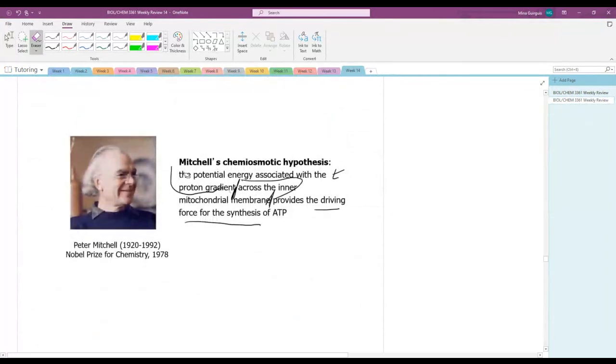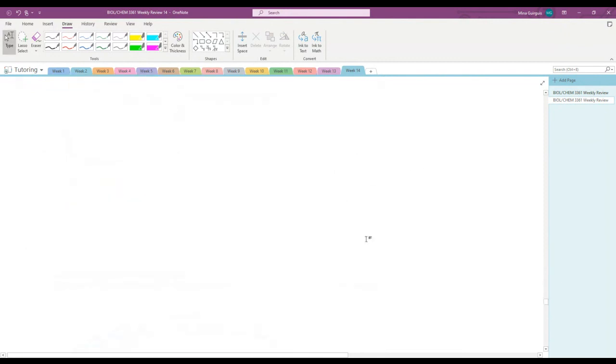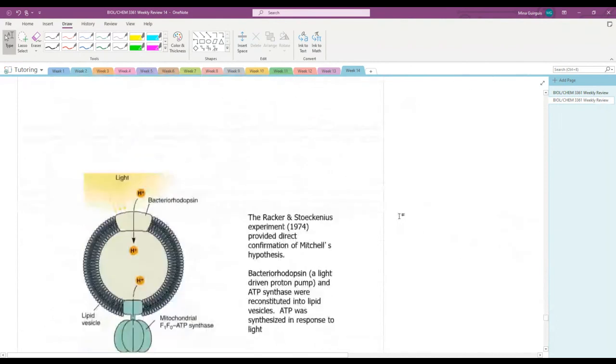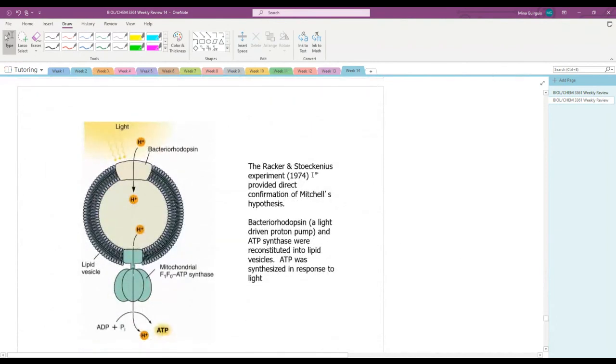The potential energy associated with the proton gradient across the inner mitochondrial membrane provides the driving force for the synthesis of ATP. So jumping back down, this is called the Racker-Stoeckenius experiment. Guess who came up with it? Racker and Stoeckenius. And it confirmed Mitchell's hypothesis.